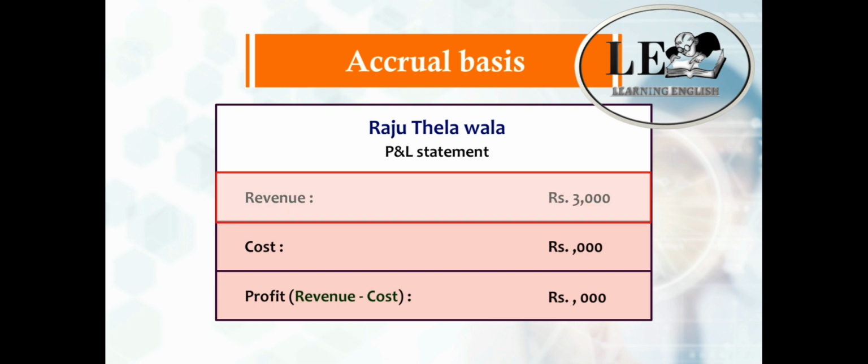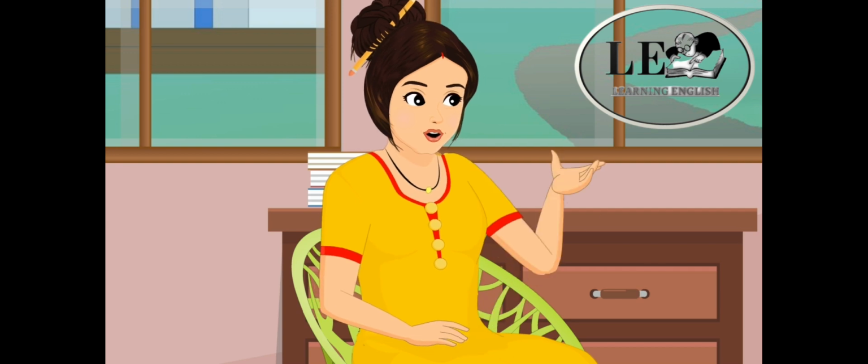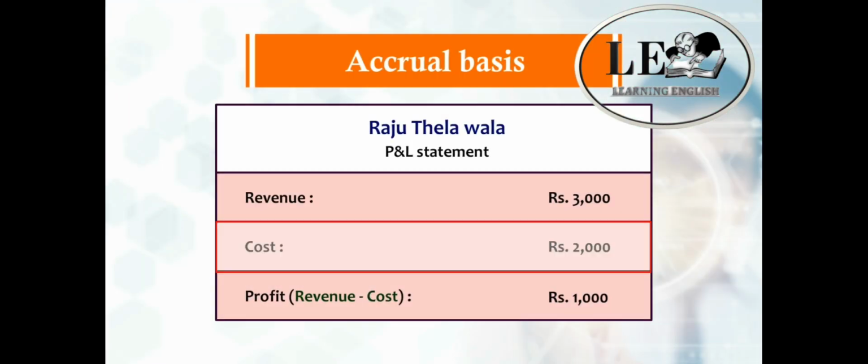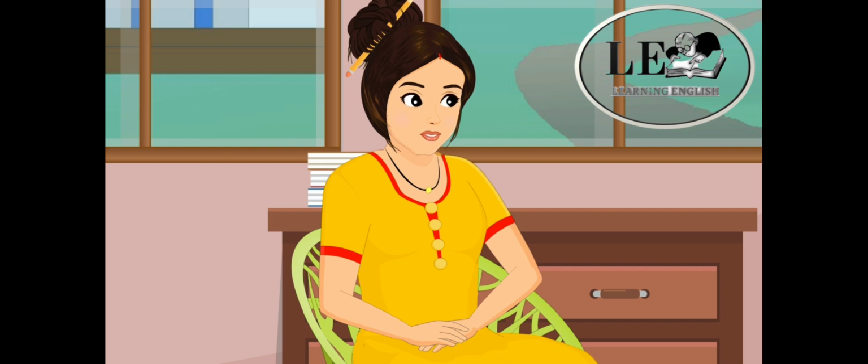On an accrual basis, the rupees 3,000 will be recorded as revenue on the day he sells the vegetables to the customers, regardless of if and when the customer pays him. Similarly, if he has not paid the rupees 2,000 to the person who supplied him the vegetables today, he will still have to record it as a cost on the P&L statement today itself, even though he may take 7 to 8 days to pay his vegetable suppliers. This is accrual versus cash basis business.